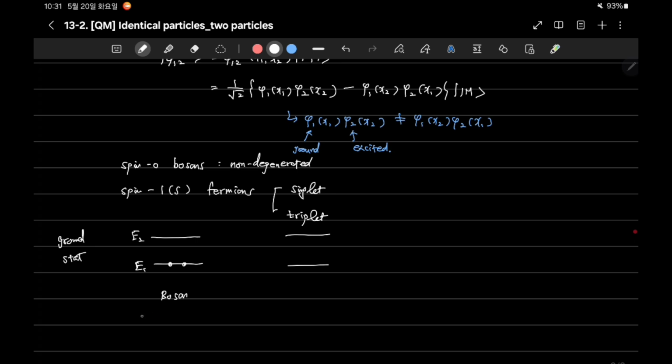The wave function is psi 1 1 of x1 and x2. It is a symmetric wave function, and the spin is zero.